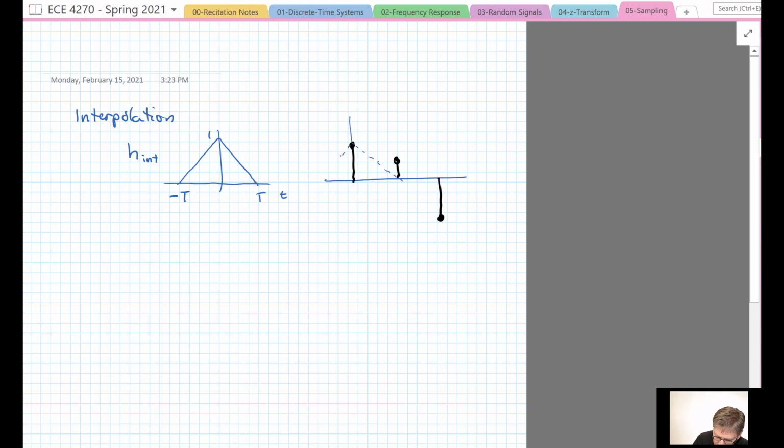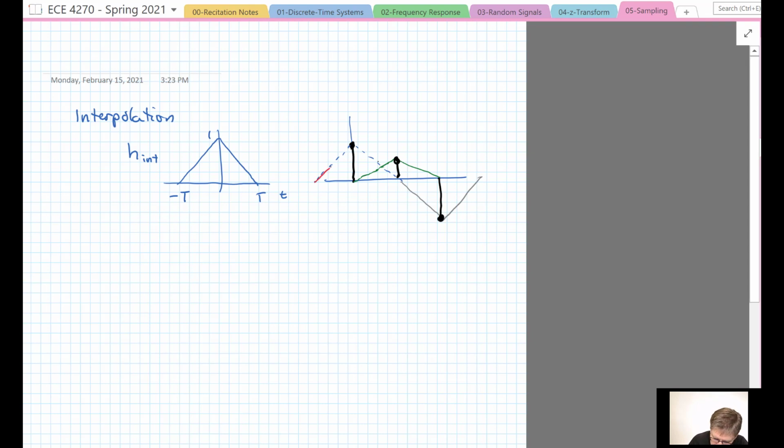Since they're T apart, when we replicate this filter right there, we get one there, and we'll get one here, and then we'll get one here, and so on for the rest of the samples.